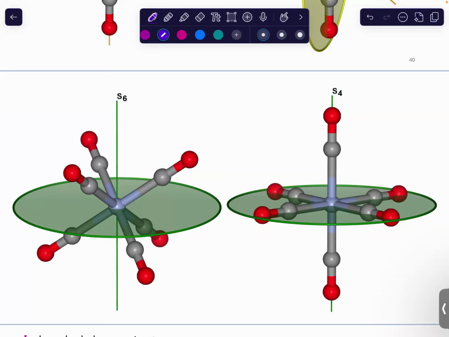Granted, C6 is not actually a symmetry in this molecule, but that's essentially what we're doing. We're doing a C6 rotation, then reflecting. And so that gets you your S6. The S4 is a lot easier to see because that takes in the C4 axis. Now here's a question. How many S4s does it have? Is it also 3? 3.